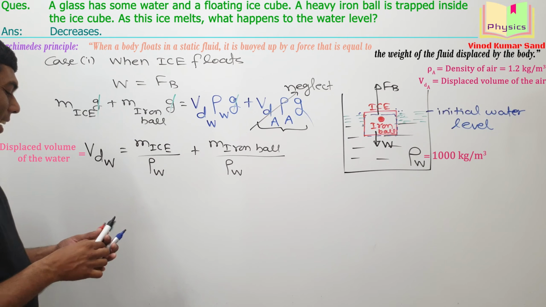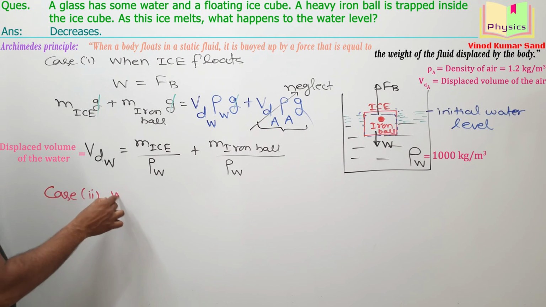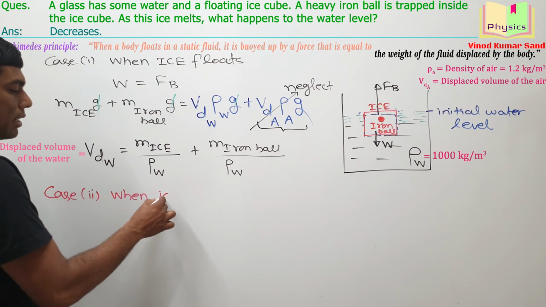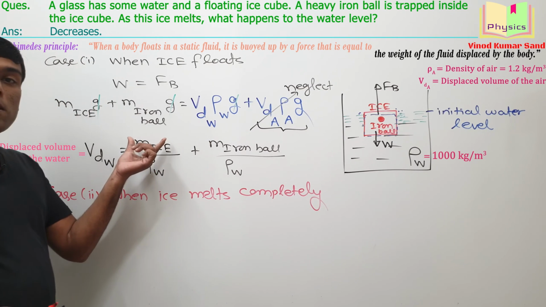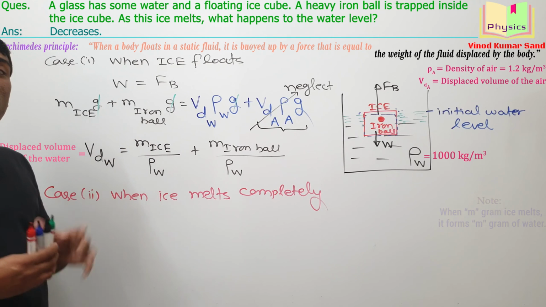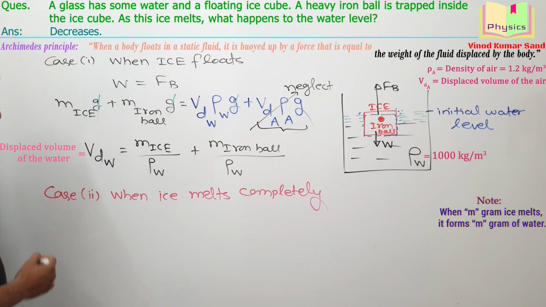Got it? Now, proceeding further, case 2. When the ice melts completely, if m gram of the ice melts, then how much water will it form? m gram of water. So I am writing that here.